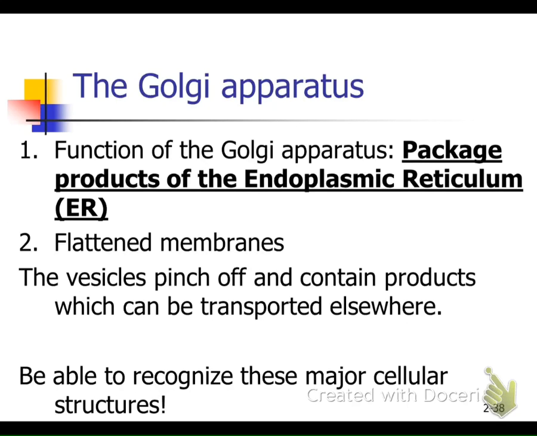This is where different proteins are being packaged and distributed specifically to areas of the cell. So to me, the Golgi is the UPS or the FedEx center of the cell. It's receiving, packaging in a new way, and then sending off to its future location.